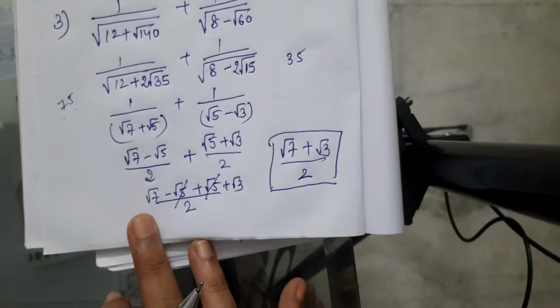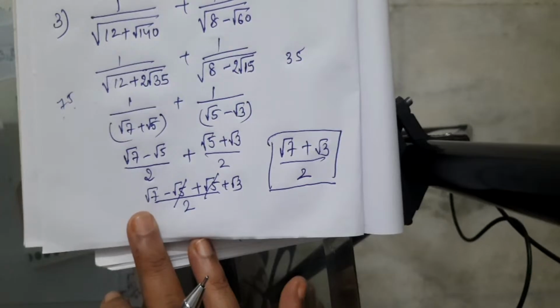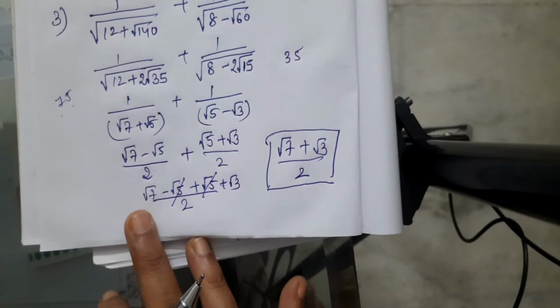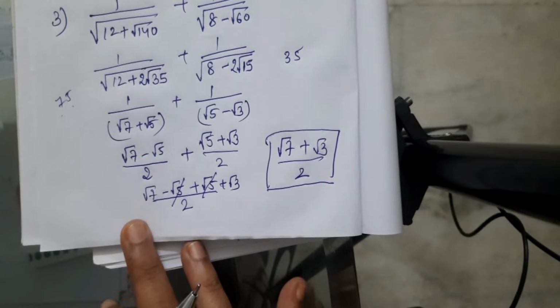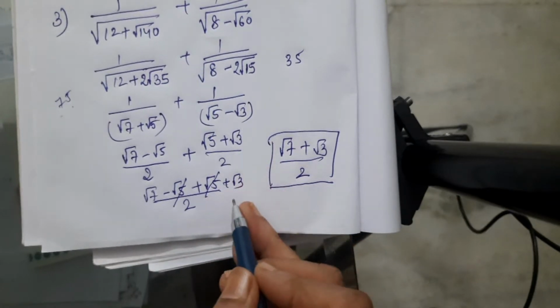Most probably all of you understood this. So root 7 plus root 3 upon 2. Here in the answer, option is not matching. Okay. Next one, they gave it 0. Okay, see here. Here minus is there, so we'll take plus only.